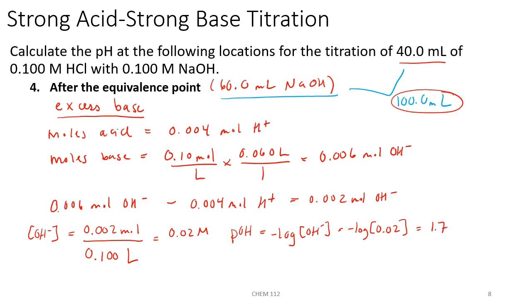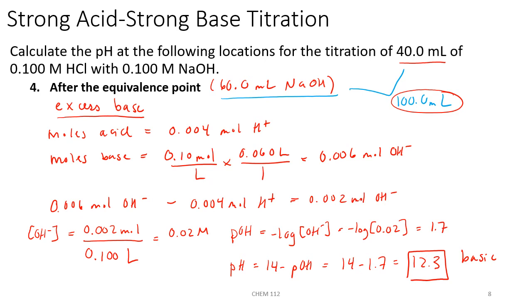And then we can use the relationship between pH, pOH, and pKw to solve for the pH, which will be equal to 14 minus the pOH. So we'll have 14 minus 1.7, or a pH of 12.3, once we've added 60 milliliters of base. And at this point, our pH is greater than 7, and so our solution is basic, as we would expect, past the equivalence point of a strong acid, strong base titration.